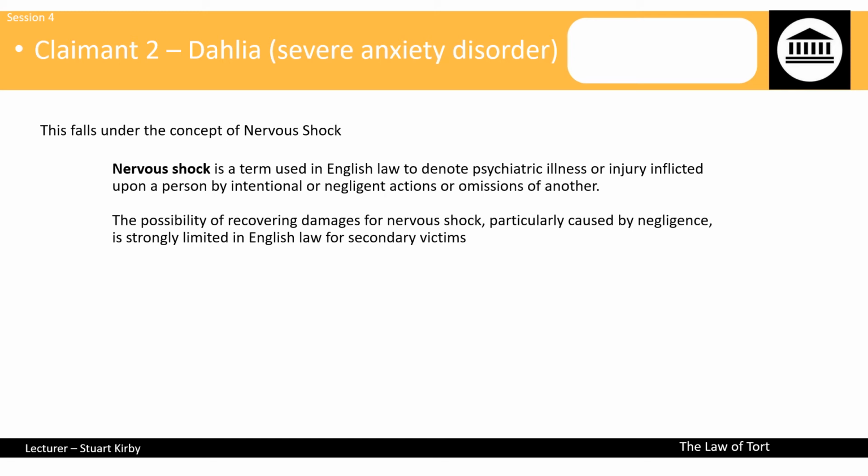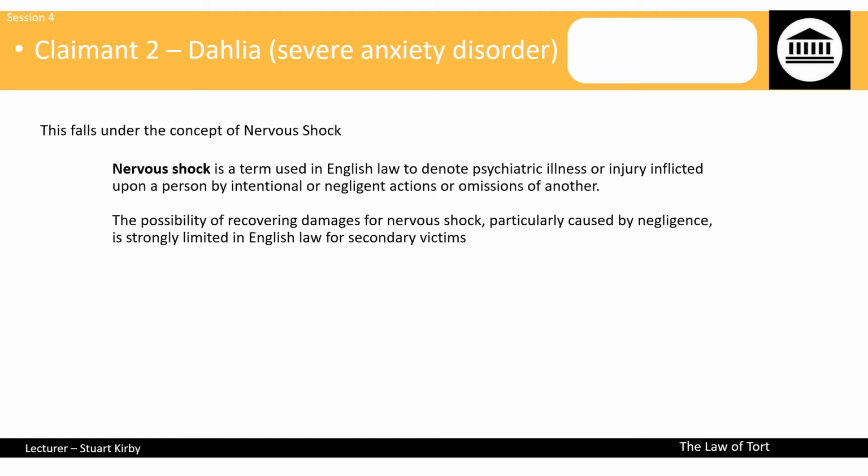The possibility of recovering damages for nervous shock, particularly caused by negligence, is strongly limited in English law for secondary victims. Okay, so this is going to prove quite important later on in your assignment. Secondary victims. We are going to soon make a distinction between primary and secondary victims. Obviously, when you think about it, we just spoke about Primrose.